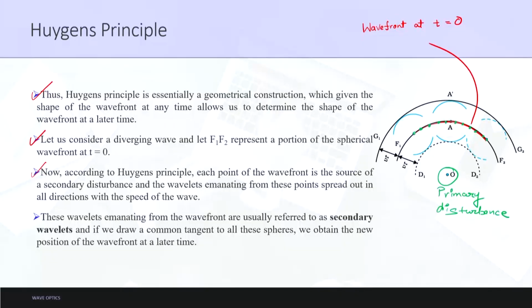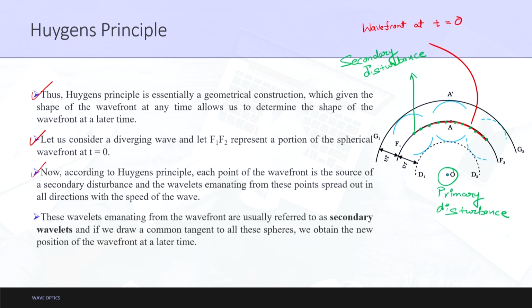Because of this movement of the wavefront, there is a secondary disturbance near that wavefront. So, these green points are nothing but sources of secondary disturbances. This is the Huygens principle.